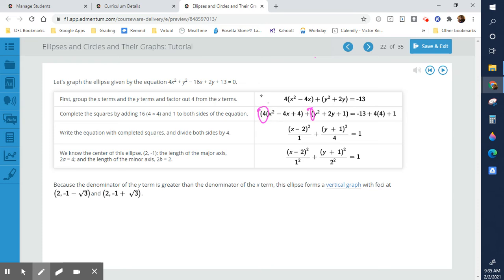So it'll literally just be you multiply these two together, this 4 and this 1, and you're going to divide by that. That way you don't have anything here or anything here. So you do that, and that'll get you your standard form. And it should always equal 1. Otherwise, it is not an ellipse.